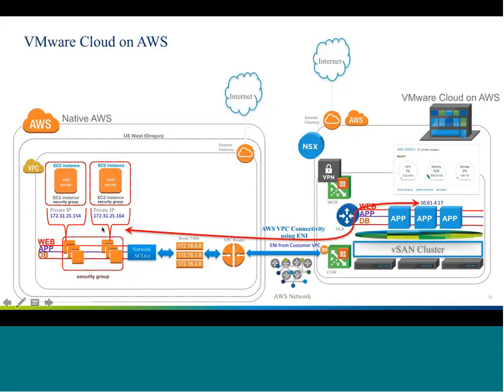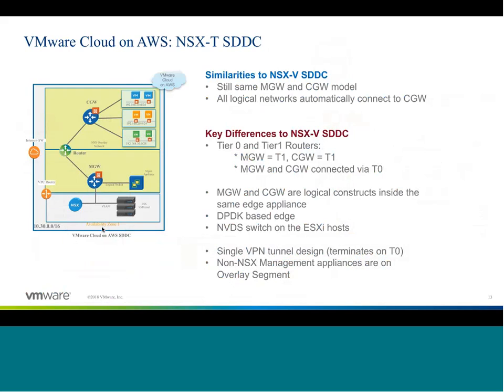Okay, so that's how that works, and that functionality remains pretty consistent with how things work when we change the underlying platform to NSX-T, which I'm going to talk about next. Now, there is some additional benefit with the NSX-T architecture, but for the most part, how this works remains the same. So now I want to talk about the changes coming with the NSX-T SDDC.